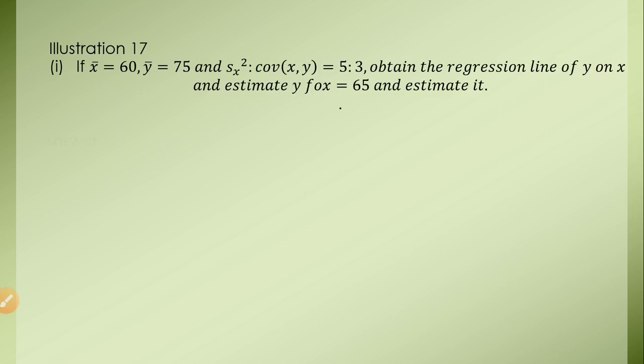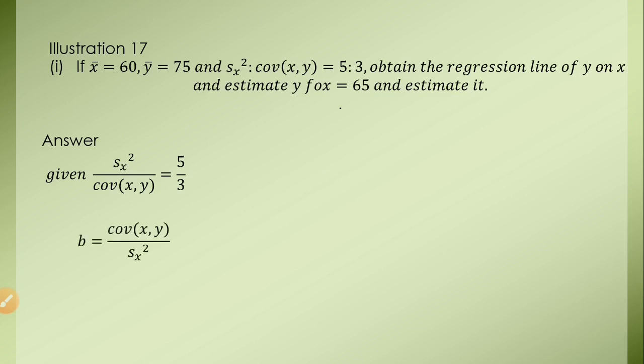What is given in the question is Sx square upon covariance xy, 5 by 3. Your formula for b is just the opposite of that: the formula of b is covariance xy upon Sx square. So you should trust yourself, because in the question the reciprocal is given, but the actual formula is covariance upon Sx square.